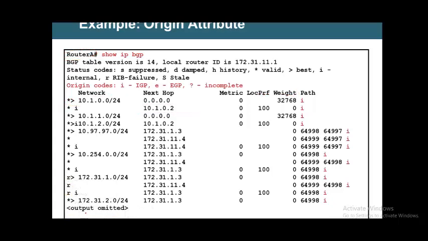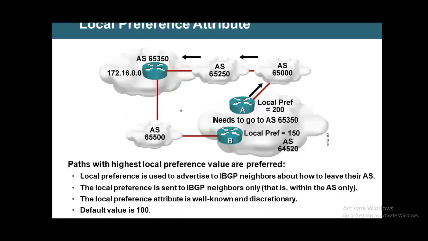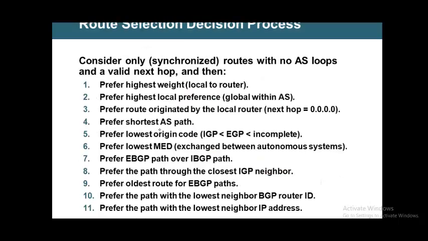This origin comes even after AS, shortest AS path. Local origin comes after, you see, after local preference. Sorry, origin code only comes after AS. Don't get confused. This is origin code, whether it is distributed or advertised. Now we are talking about local origin.